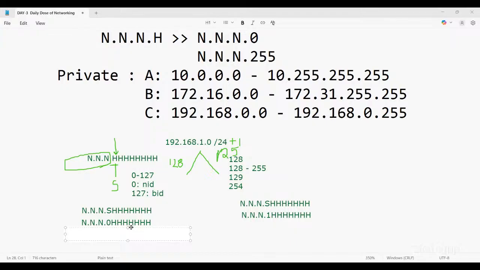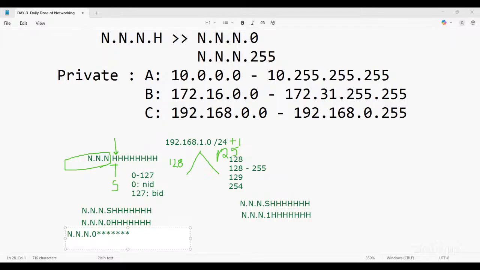So it is network dot network dot network. This 0 is the part of your network now. But next, whatever bits I'm giving here, these are 0, 0, 0. Just to make the difference, I'm giving them star 1, 2, 3, 4, 5, 6, and 7. So these are the host bit zeros that you are making.